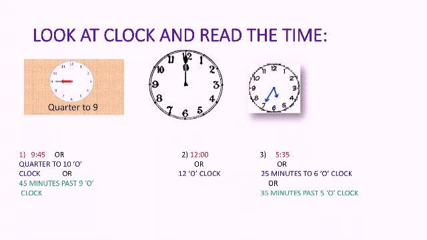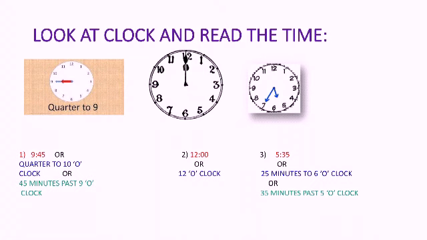That is, it is 9:45 by the watch. See the time. So that means 15 minutes is left to be 10 o'clock. So since we call 15 minutes a quarter when we are reading time, we will write quarter to 10 o'clock. We can either write 9:45, 9 dot dot 45, because the hour hand is pointing at 9.